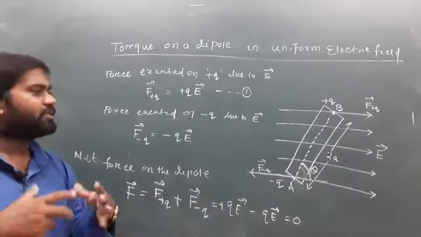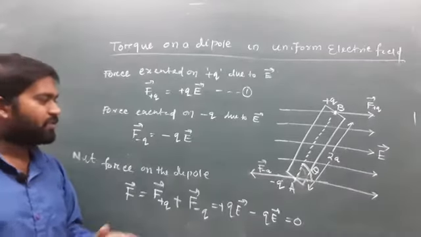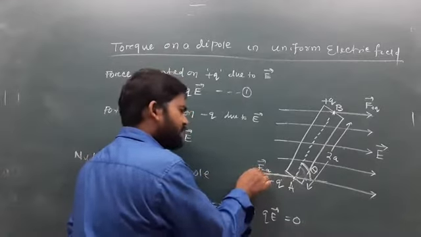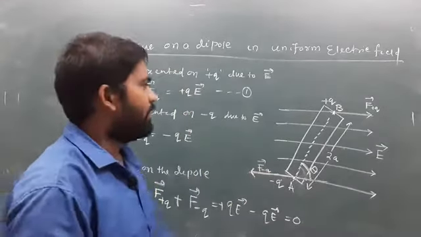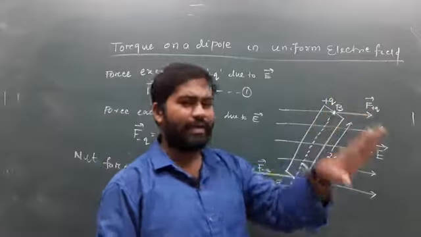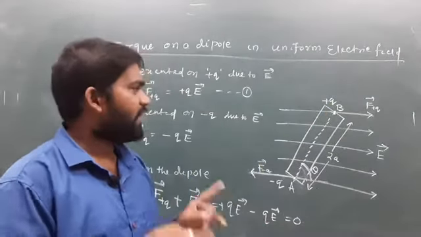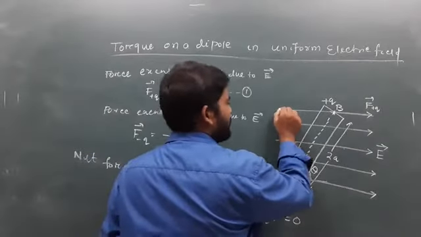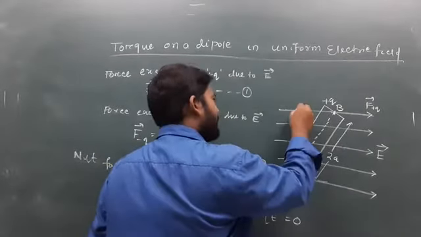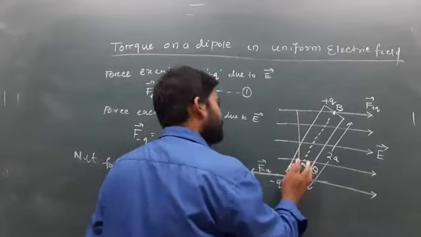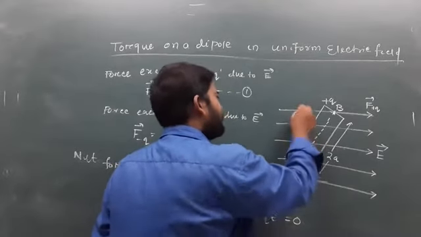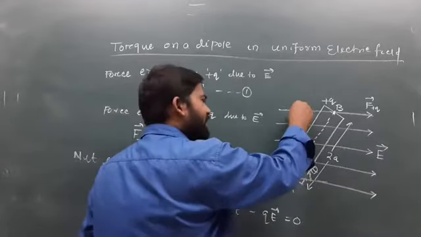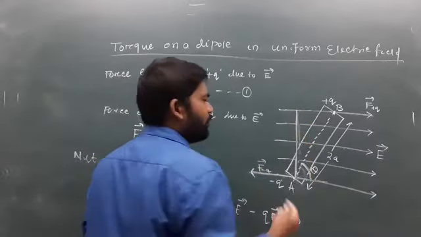Now come to the direction of the force. If we look at the direction of the force, we find one force is opposite to the electric field, whereas the other force is along the electric field. And if we observe the forces, there is a perpendicular path between both forces.